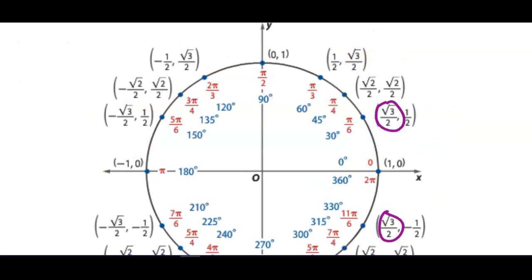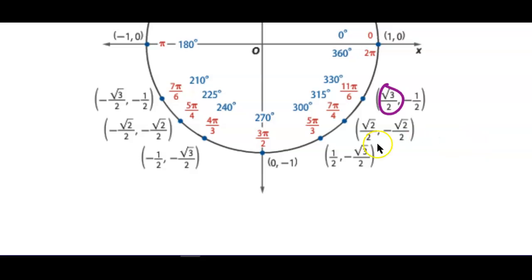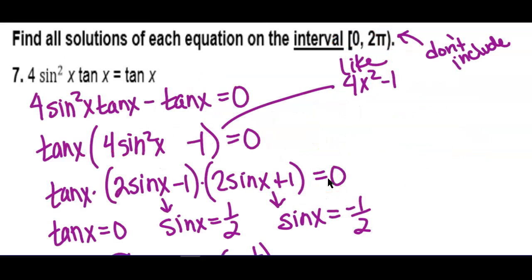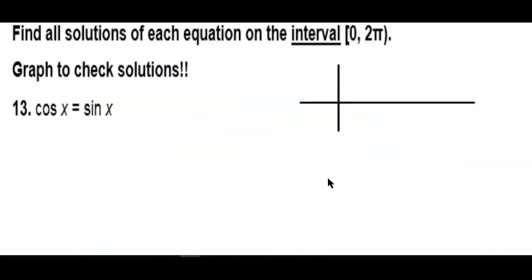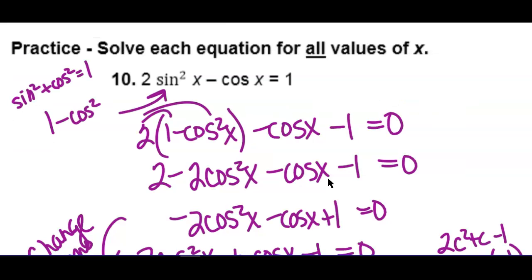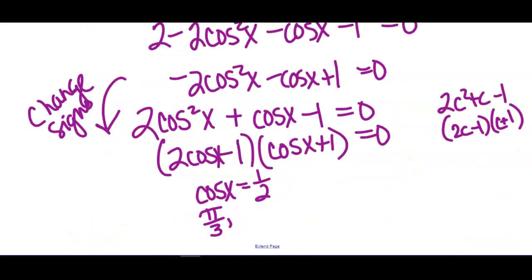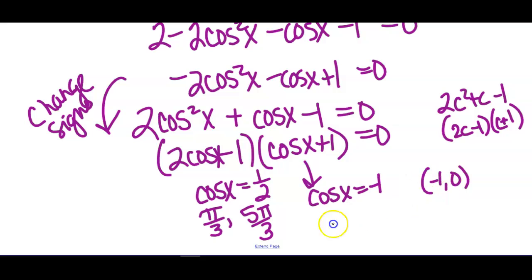X is 1/2 up here at pi over 3, and down here at 5 pi over 3. Ugh, is this the one I was working on? And here the cosine of x is -1 when you have -1, 0, which is at pi.